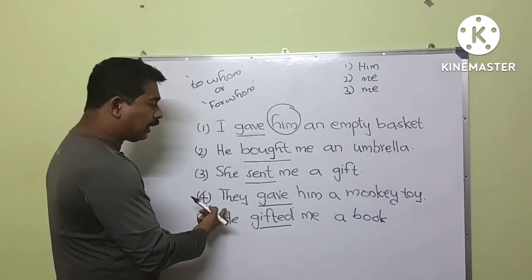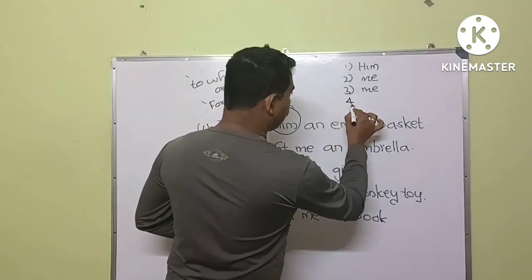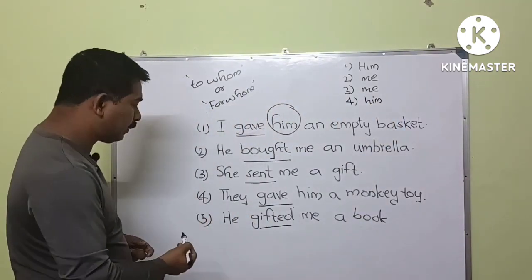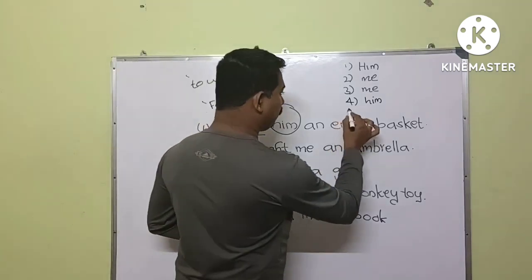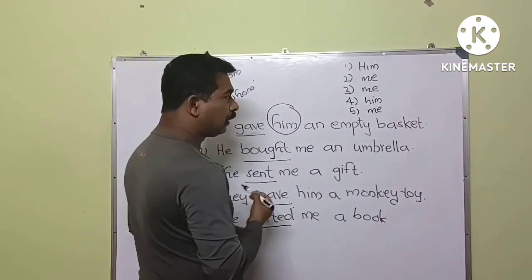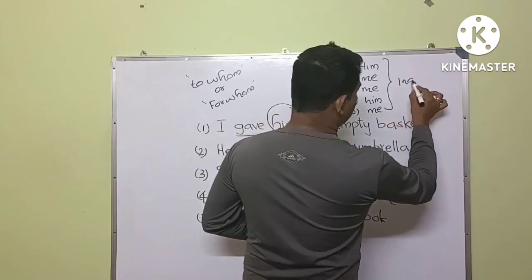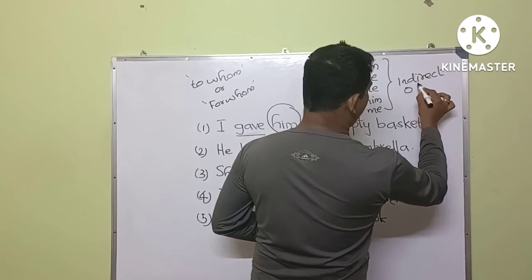Fourth sentence, they gave him. To whom? Him. Fifth sentence, he gifted. To whom? Me. These are called indirect objects.